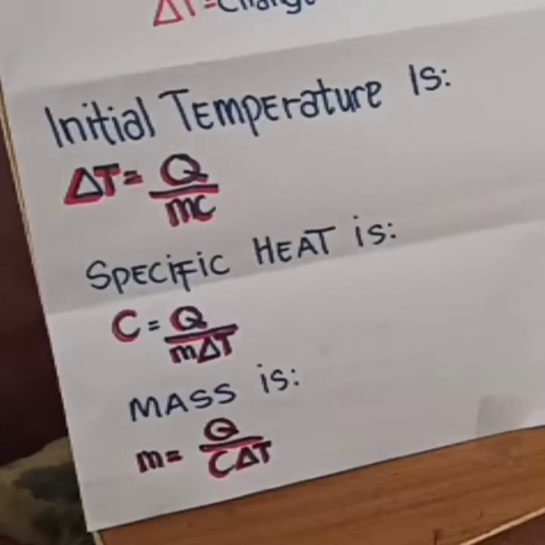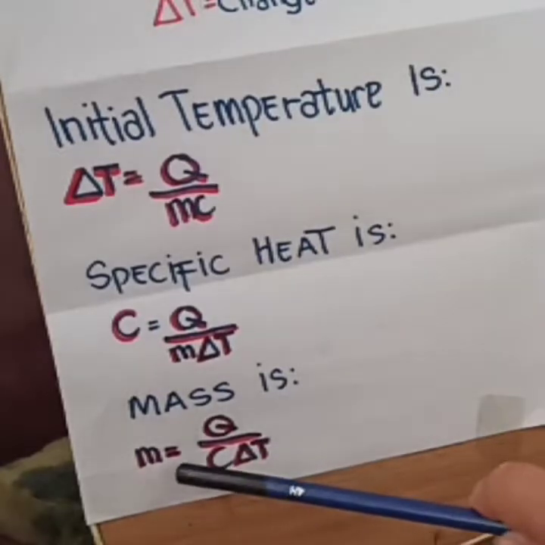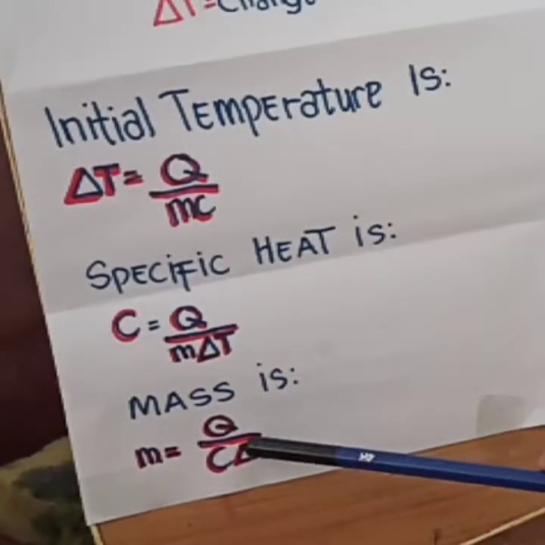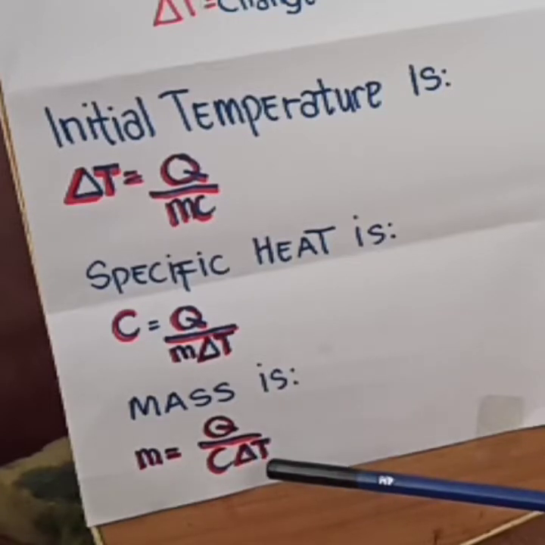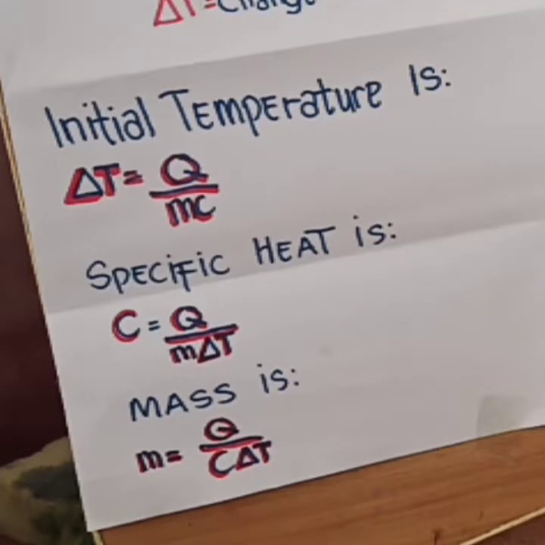And the formula of mass is equal to heat evolved over specific heat capacity and change in temperature. Now, we already know the formulas. We'll proceed to the problem solving.